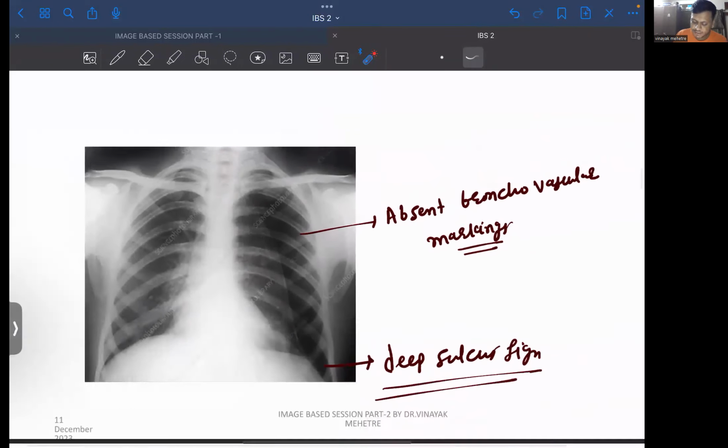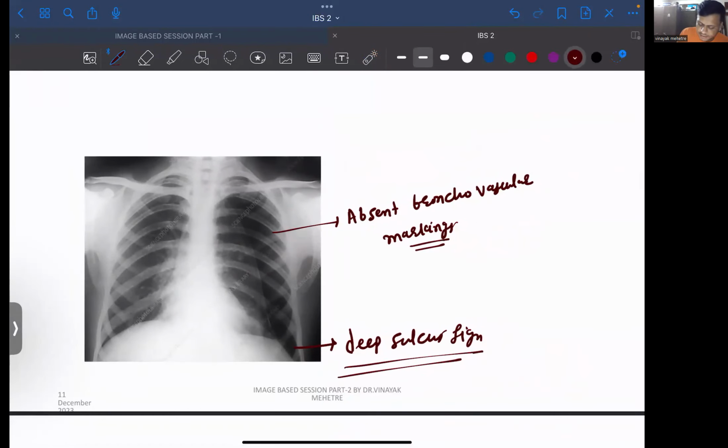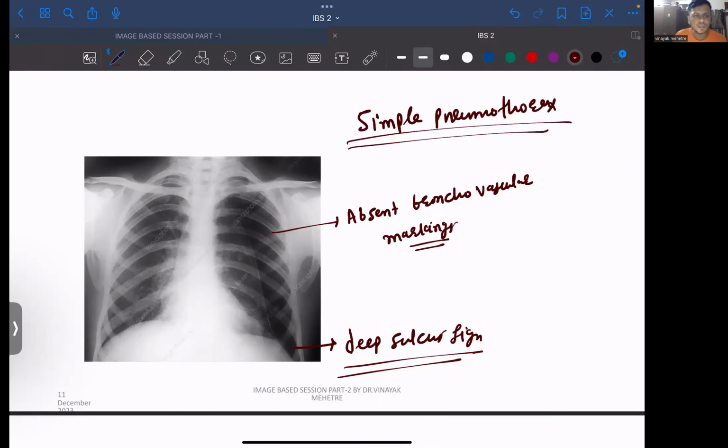So this is not tension pneumothorax. This is simple pneumothorax, right? समझ आया? हार्ट अपनी नॉर्मल पोजीशन पे है, ट्रैकिया अपनी नॉर्मल पोजीशन पे है, that means there is no mediastinal shift.